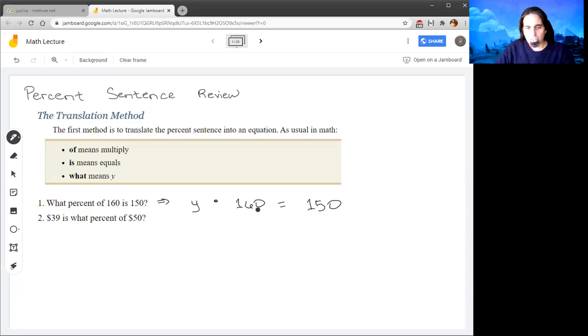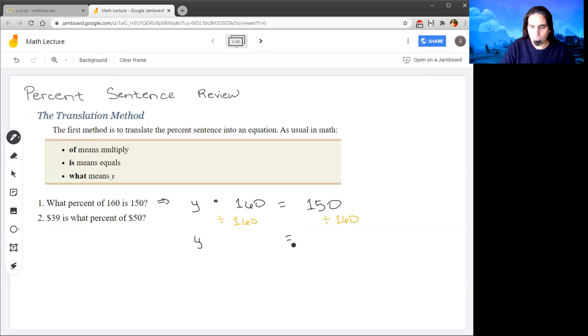How do we solve y times something is something else? We divide by whatever is stuck onto y. The opposite of times 160 is divided by 160. That will get y by itself.